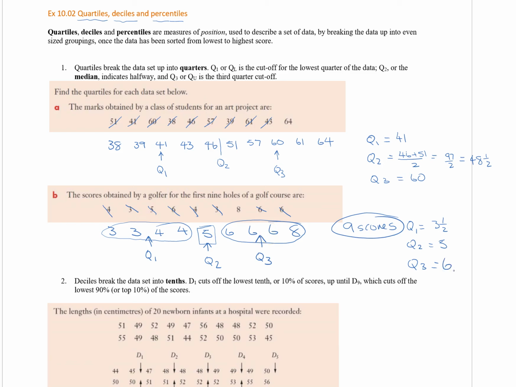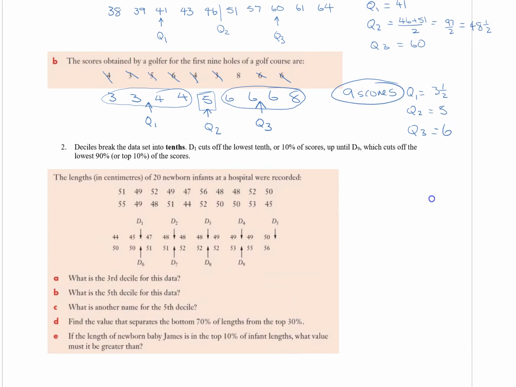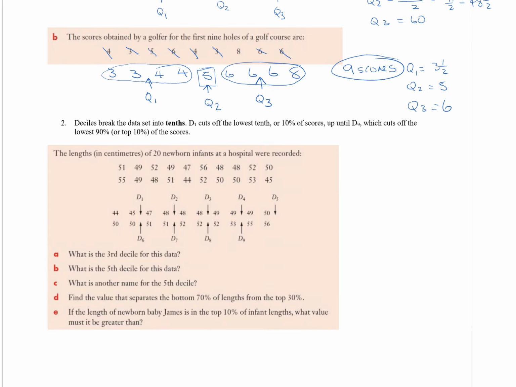The next example shows deciles nicely marked off. So there are 20 results, or 20 babies were measured, and deciles means we're going to mark the position after every second baby, length, smallest to biggest.